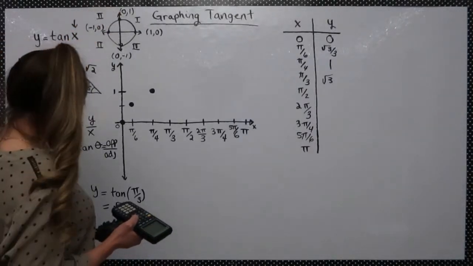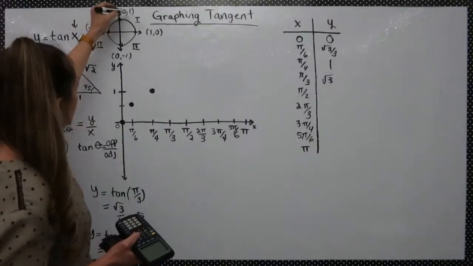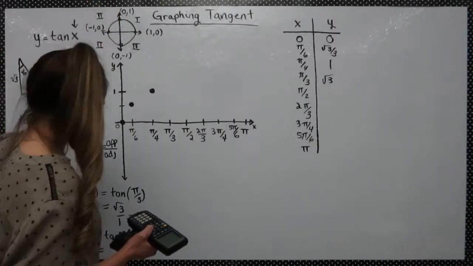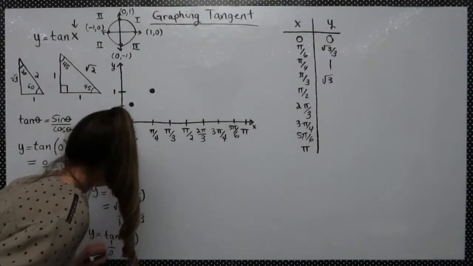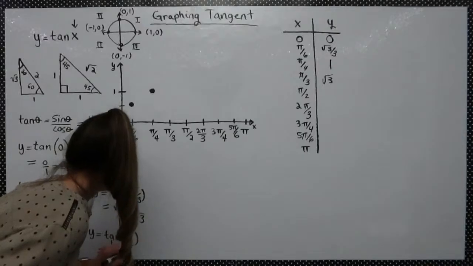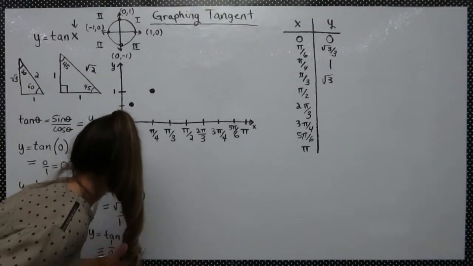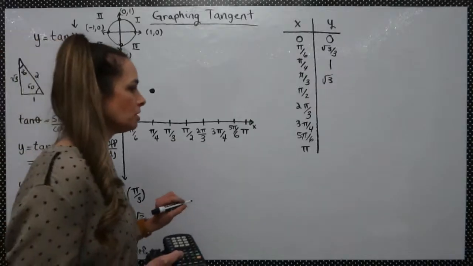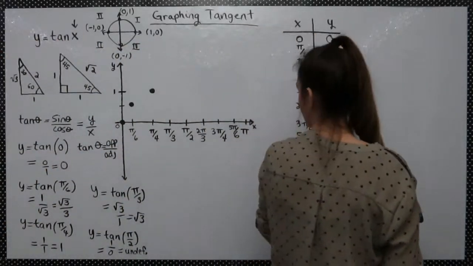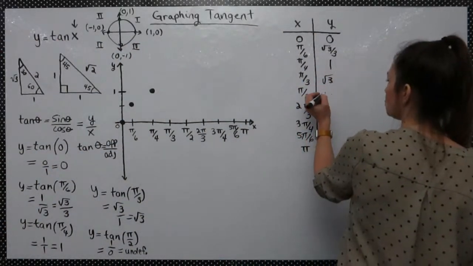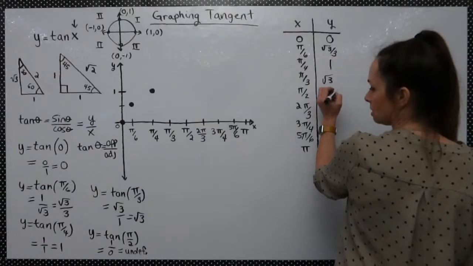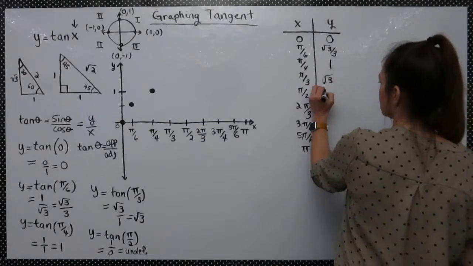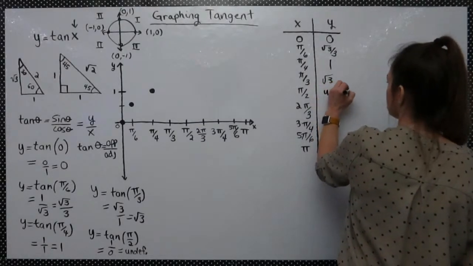And if I apply that rule, y over x gives me 1 divided by 0, and that is undefined. Anytime you have 0 in your denominator, you're going to have a vertical asymptote. So we'll say undefined.